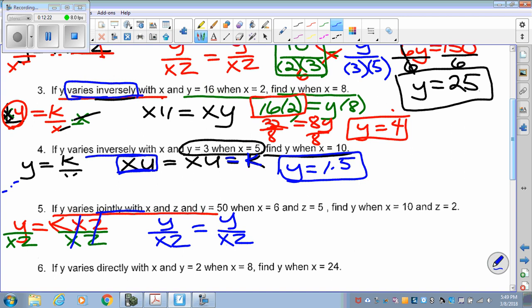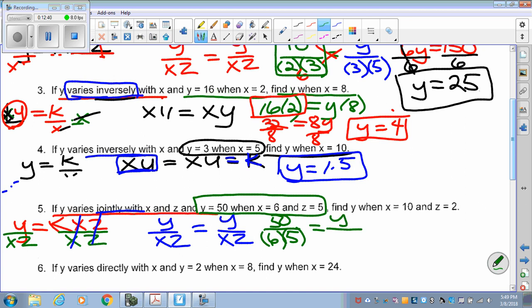So I wrote my proportion, and I'm going to substitute. So y is 50. These are the 3 numbers that go together. So y is 50, x is 6, and z is 5. And over here I have y that I don't know, so I'll just write y. X is 10, and z is 2.